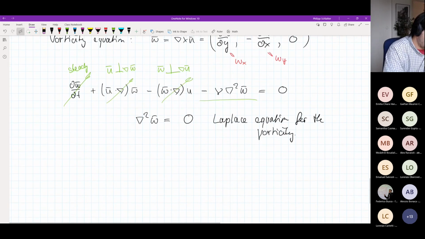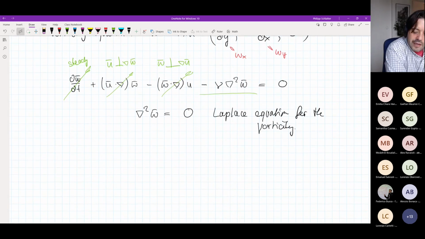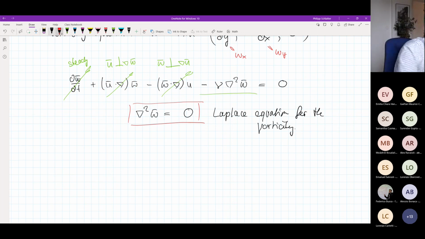So we need to find a way of working a little bit with the vorticity equation, or whatever is left, the Laplace equation, to get a better understanding of what w actually is. But still, this is what the vorticity transport equation gives us. Whenever we can solve this equation, we have a vorticity, and then we could use the vorticity to calculate the velocity. But let's try to do that now.